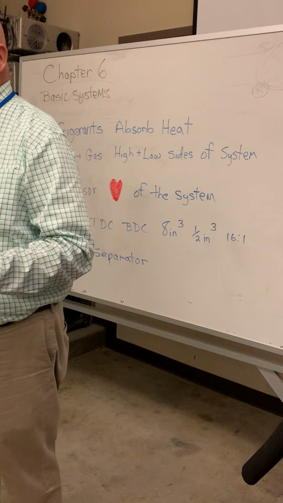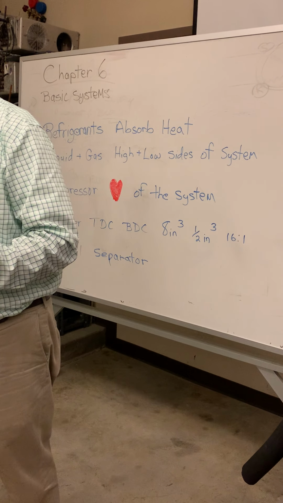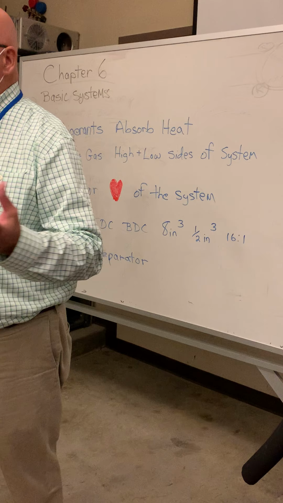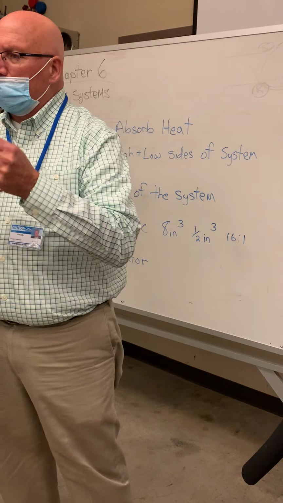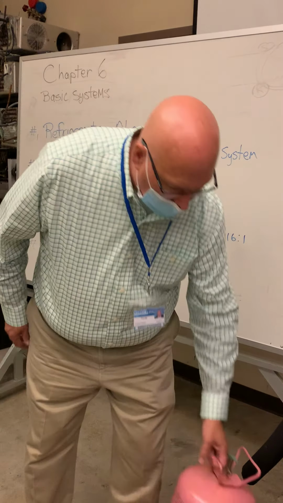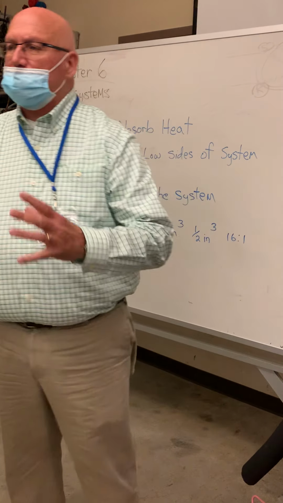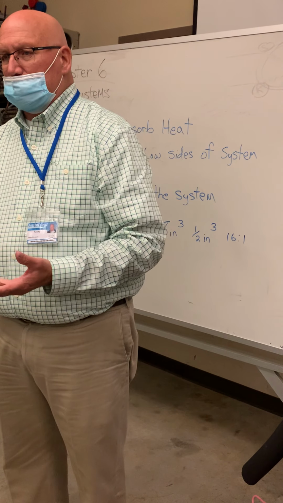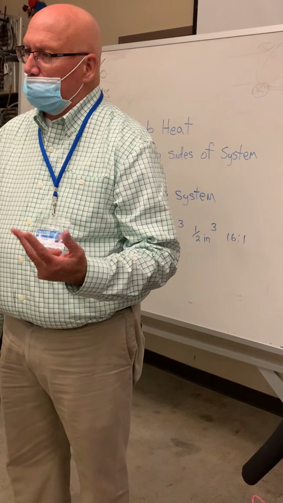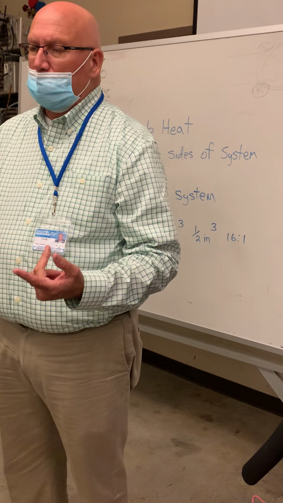R22 would have been a natural oil. A 410A, which is what's in this container right here, would have been a synthetic oil. You don't want to mix the oils because we cross-contaminate the systems. That's the purpose of the 2 sets of gauges.